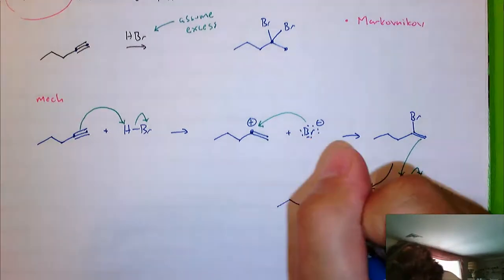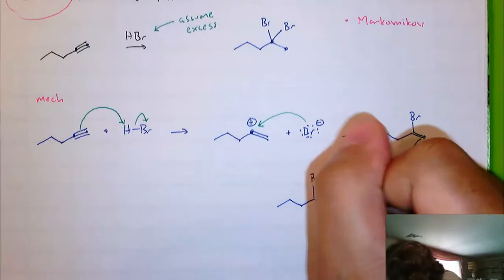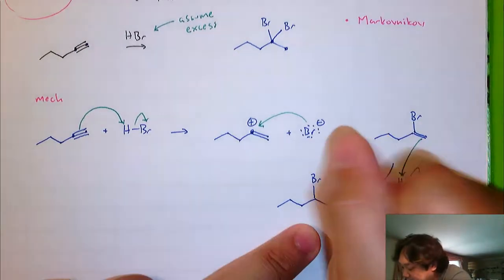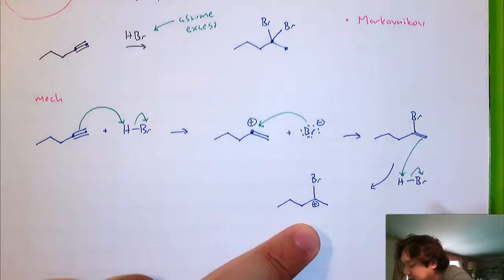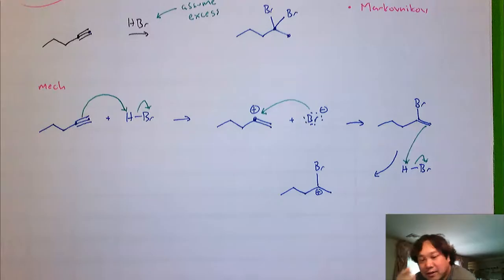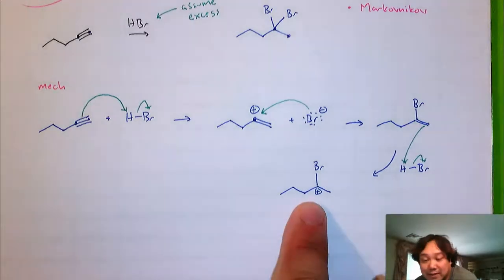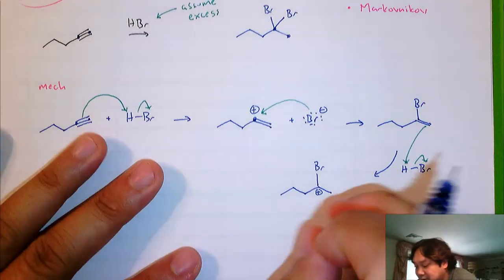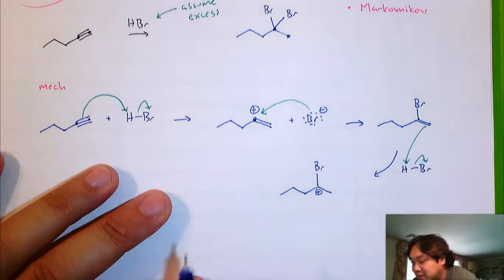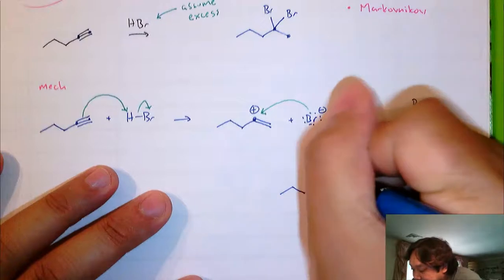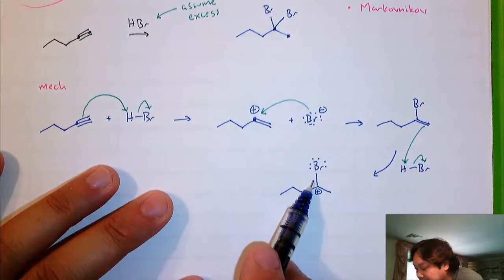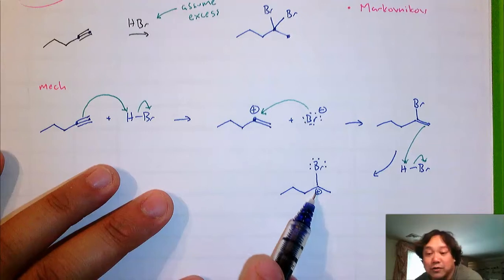There's another reason for that, besides following that mnemonic or that trick, this is actually resonance stabilized. Okay, because I'm not going to draw resonance because the mechanism is to get me to the product. But can you see that this bromine lone pair can come down, make a double bond, and make this carbon neutral?